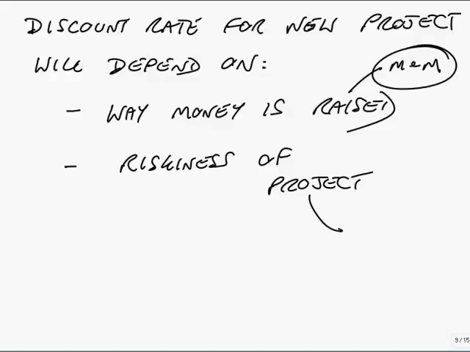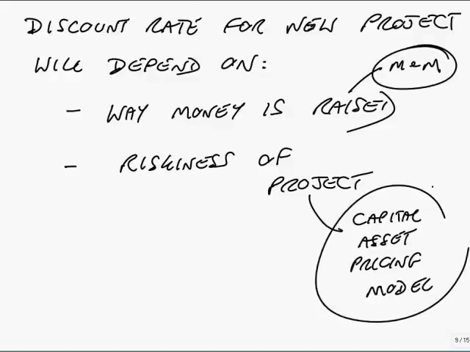It's something called the capital asset pricing model. Now, be patient with me, I will come to the theory. But it's those two factors together that will determine what discount rate we'll use.